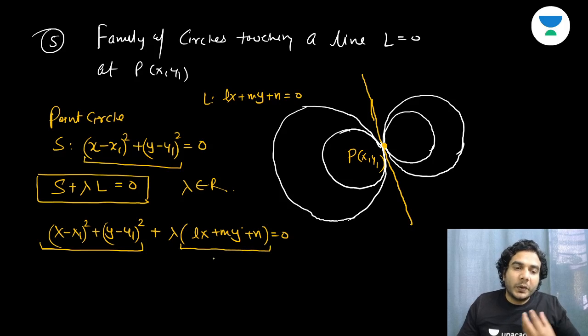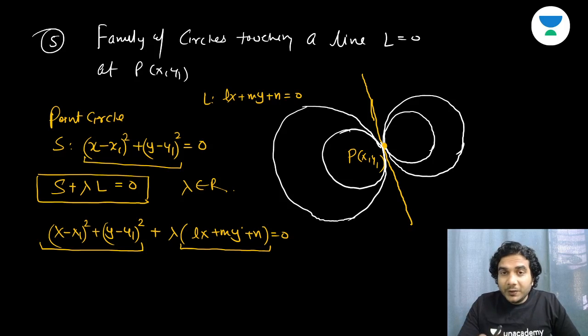And it's a circle, because the coefficient of x square is equal to the coefficient of y square in this equation, and there's no term of xy. So it will represent a circle passing through x1, y1 and touching the line at that point. So this is a family of circles, and this is again a very important point.